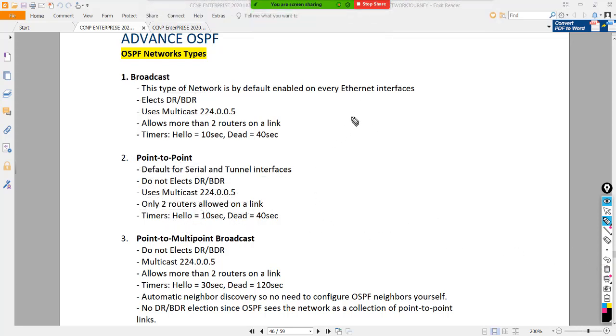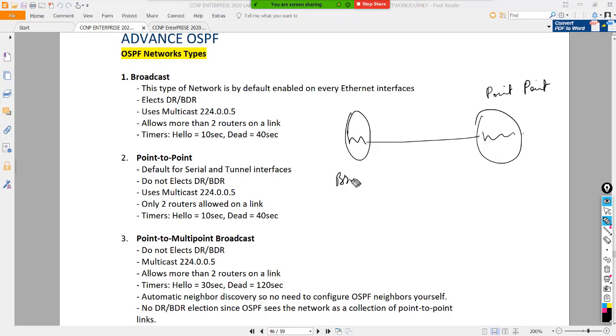Now one quick question. Let's say I have a router here and I have another router over here. I have point to point on one side and broadcast over here. So what do you think? The neighborship will form or neighborship will drop?